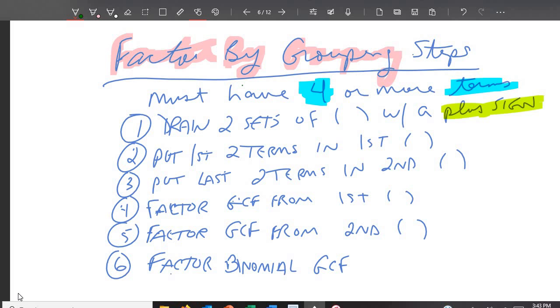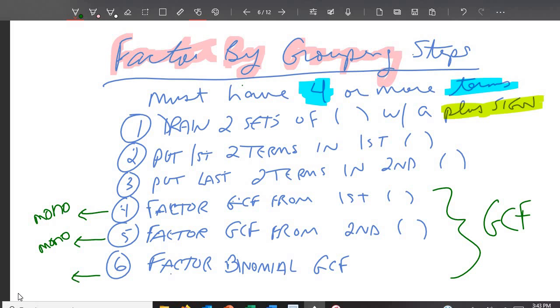Now, here is where the GCFs come into play. This first one is a monomial GCF, like what we were doing in the first section. This is a monomial GCF.